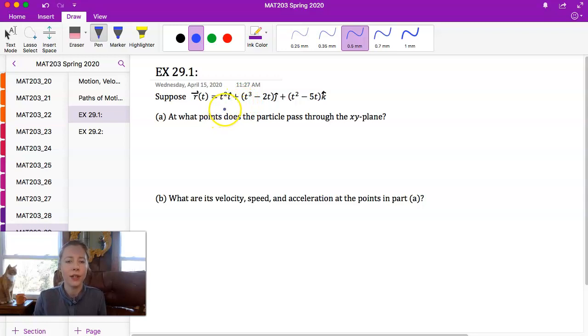So we want to see when this passes through the xy plane, which means that is where our z is 0. Our z component has to be 0 when we're passing through the xy plane. So t squared minus 5t has to be 0 for that to happen.